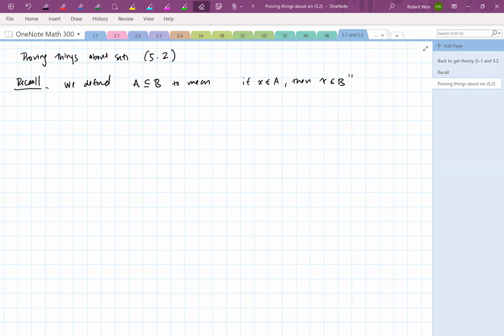Maybe I should quantify and say for every X in the universal set, if X is in A, then X is in B. That's what it means to say that A is a subset of B. And really, this is how you prove that something is a subset of another thing. It also tells you how to prove that something is not a subset of another thing. So let's just list this as a technique, and then I'll give you some examples to show what I mean. So this is called element chasing.